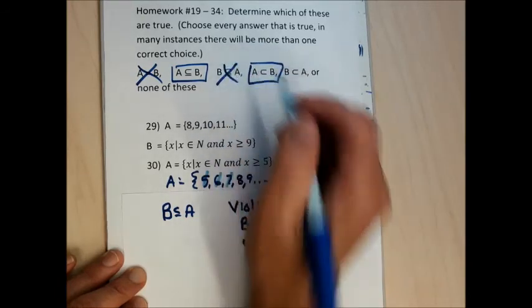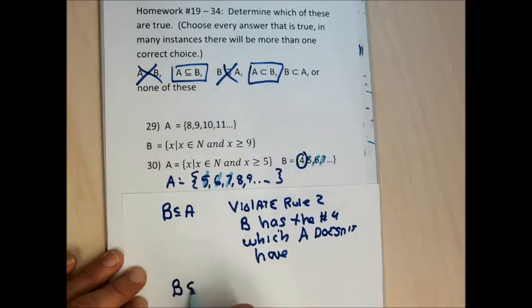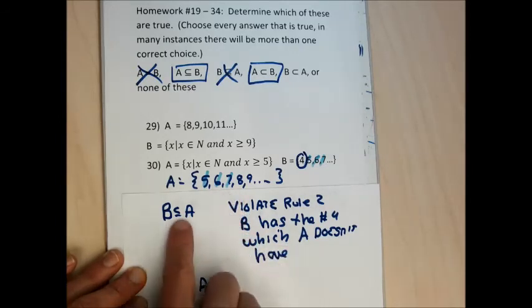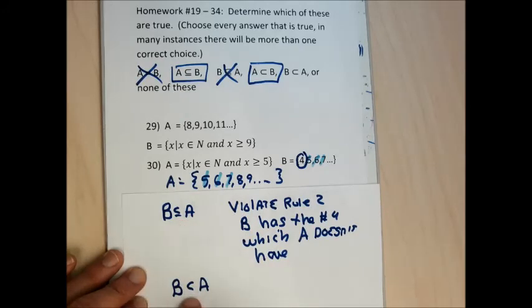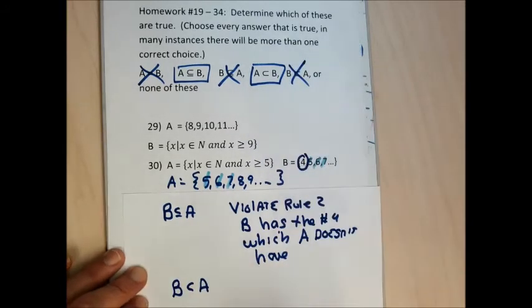So that's violated, and then immediately B is not going to be a proper subset of A, because the same 2 rules that are necessary for B to be a subset of A are part of B being a proper subset, in addition to the 3rd rule that they can't be equal. So that's also no good.